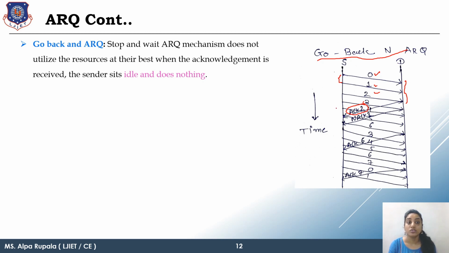So what if I have a negative acknowledgement? Transmission of PDUs continues, so 3, 4, 5 and 6 are also sent. But when the destination checks data unit 3, it finds an error in it. As soon as it finds the error, it sends the negative acknowledgement.